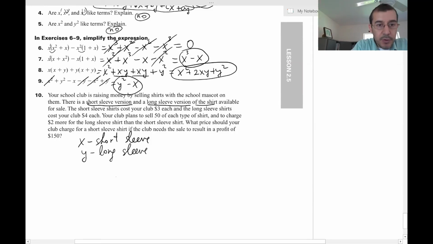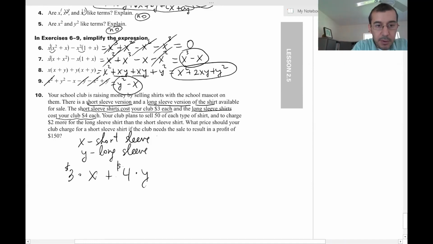The short sleeve shirts cost your club $3 each. So short sleeve, $3 times X. And for the long sleeve shirts, it costs your club $4. So plus $4 for the long sleeve shirts.